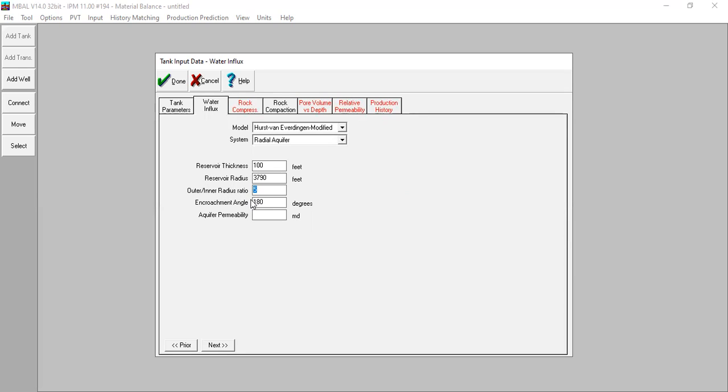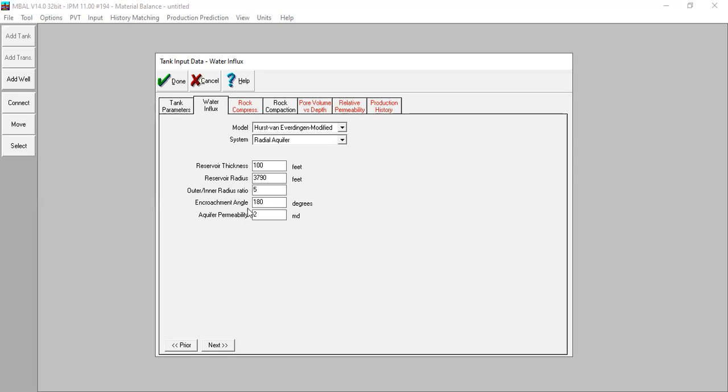So the ratio of the radius of the aquifer and the reservoir. Outer means the aquifer, of course, the radial aquifer, and the inner is the gas reservoir. Okay, and then it is 5. I will put 5 here as per default with encroachment angle 180 degrees. And let's say the aquifer permeability is low, only 2 millidarcies.